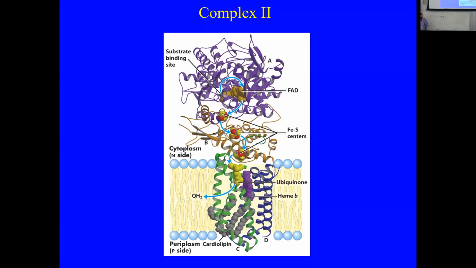This complex is made up of 4 proteins. Complex 1 had 43 proteins, so this is a much simpler complex. The substrate binding site is right down here somewhere, according to the arrow. The electrons move here and then on through 3 iron sulfur clusters onto Q, ubiquinone, to form ubiquinol, and that moves through the intermembrane onto complex 3.